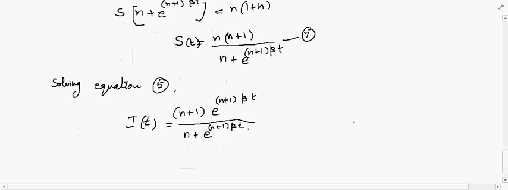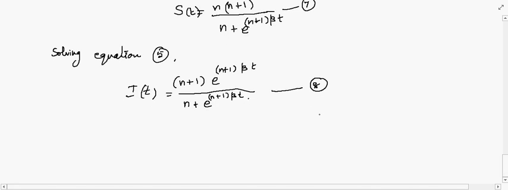Okay, this we will take as equation number 8. So equation 7 and 8 will give the number of susceptibles and also infected persons at any time t.